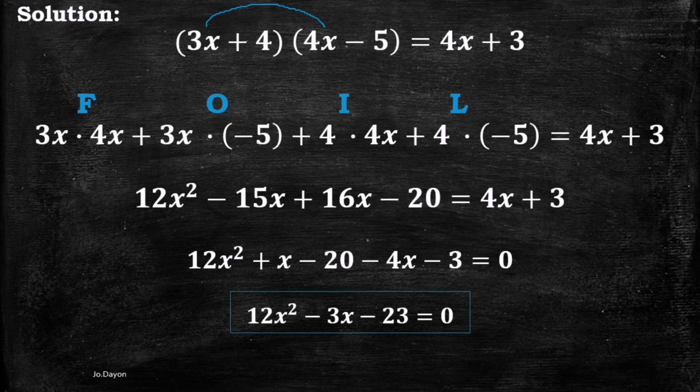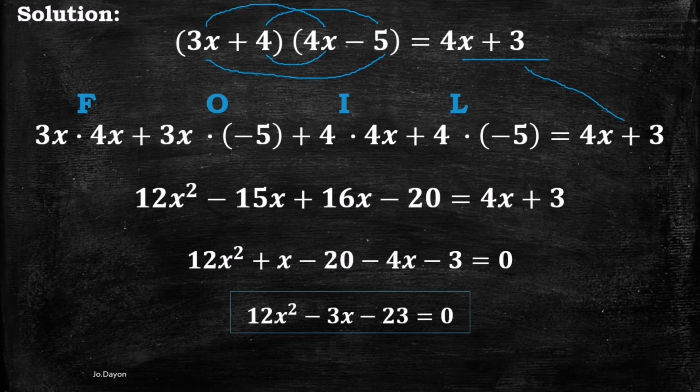And then we have the outer terms, 3x times negative 5. And then the inner terms, we have 4 times 4x. And for the last terms, we have 4 times negative 5. So we have now somewhat like a smiley face. Then copy the remaining terms on the right side of the equation, 4x plus 3.